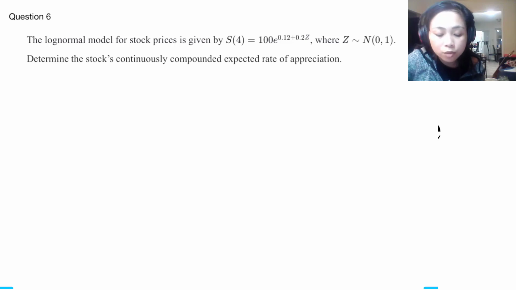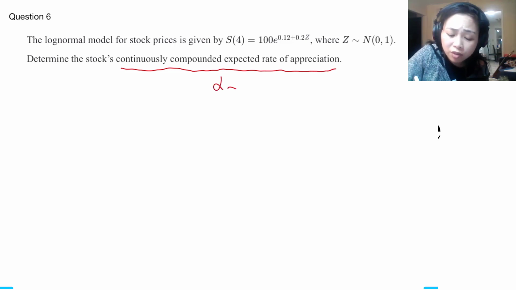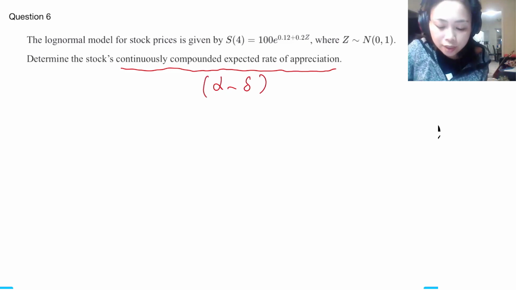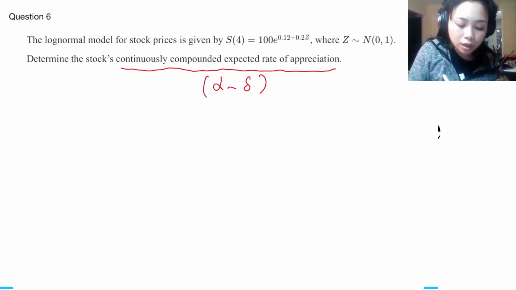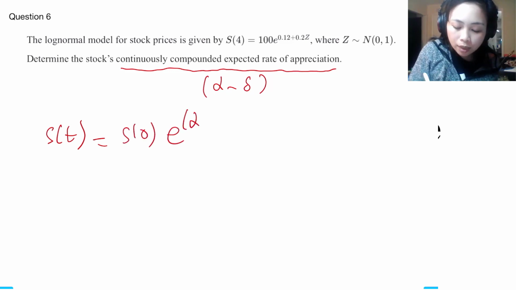Let's look at the formula first. What is S of t? S of t is S of 0 e to the alpha minus delta minus sigma square half times t plus sigma Z times the square root of t. If you look at the formula for S of 4, it should be S of 0 e to the alpha minus delta minus sigma square half times 4, plus 2 sigma z.